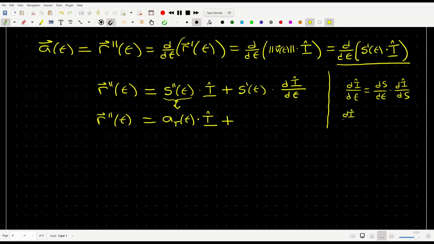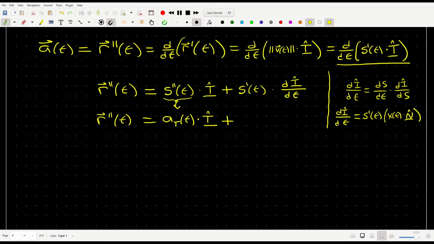So dT hat dt is the same thing as s prime of t times dT hat ds, which is the same thing as the curvature as a function of t times the unit normal vector of the curve.